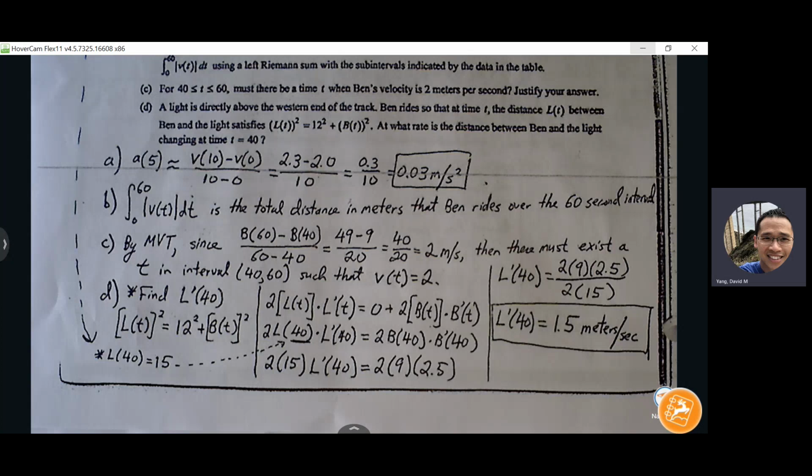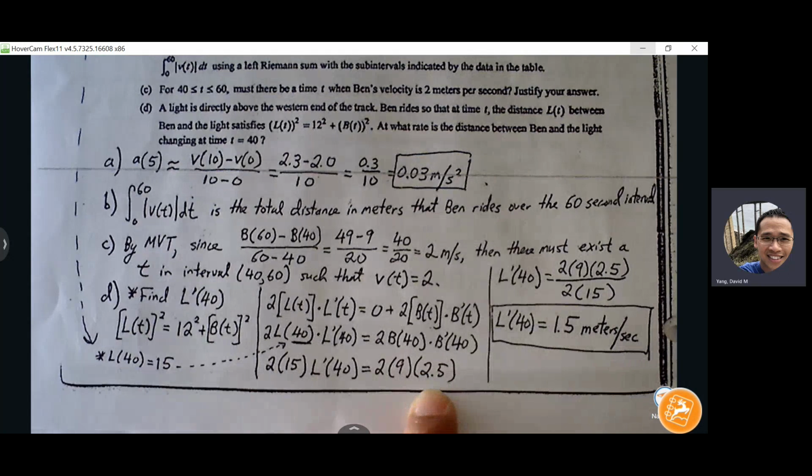L prime of 40 is what we're looking for, so we'll leave that blank. B of 40, we can pull from our table. And then B prime of 40, we can also pull from the table.